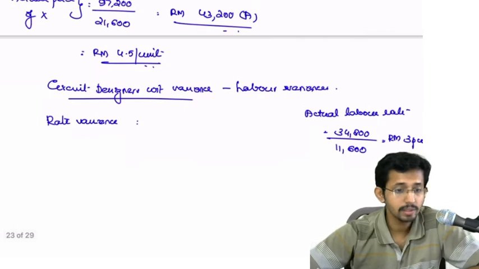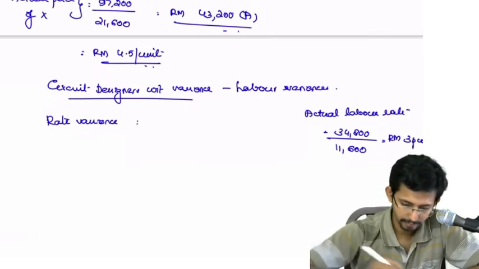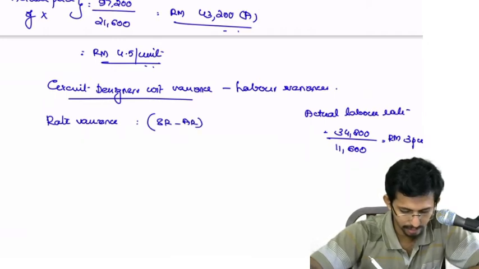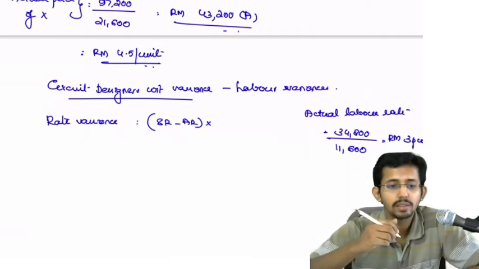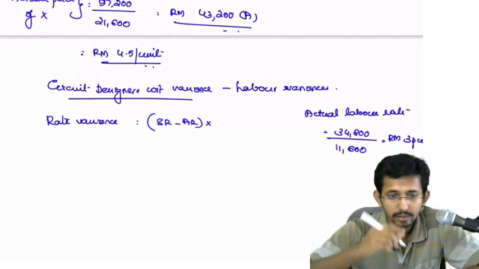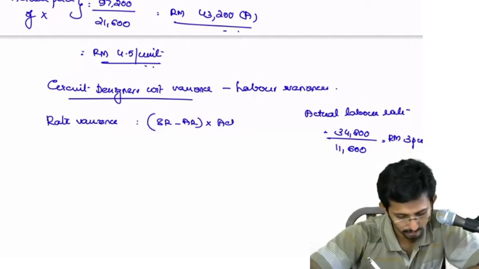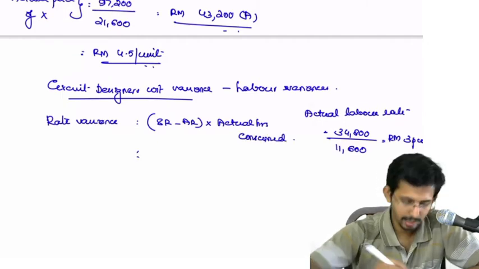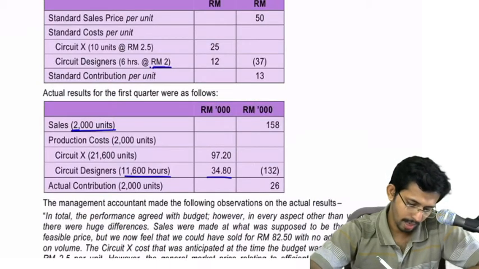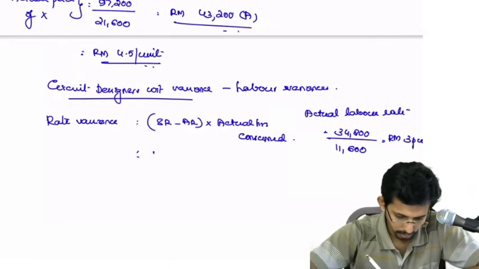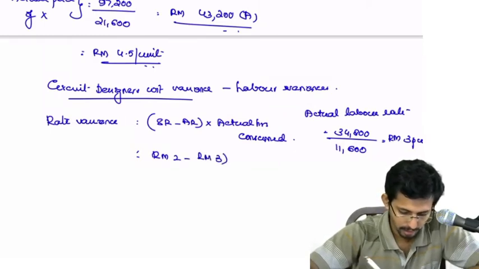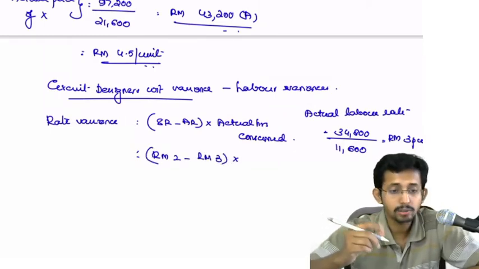So how do you compute the rate variance? It is standard rate minus actual rate into the actual hours. Standard rate was RM2 minus RM3 into actual hours consumed.